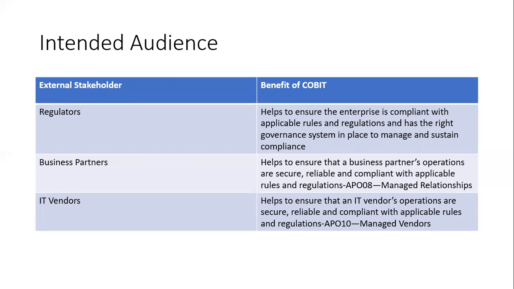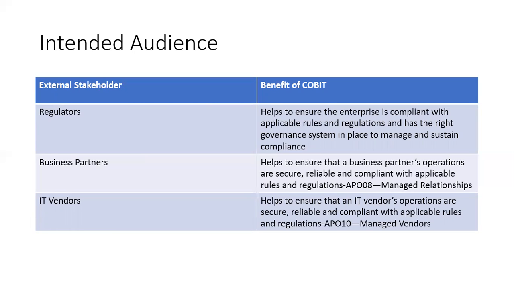Depending on the industry, the regulators need to look at which of the objectives, the EDM objectives, the BAI objectives, the DSS objectives, the MEA objectives, and the APO objectives. Look at all of them carefully and see which ones to use in ensuring compliance in the target organization.